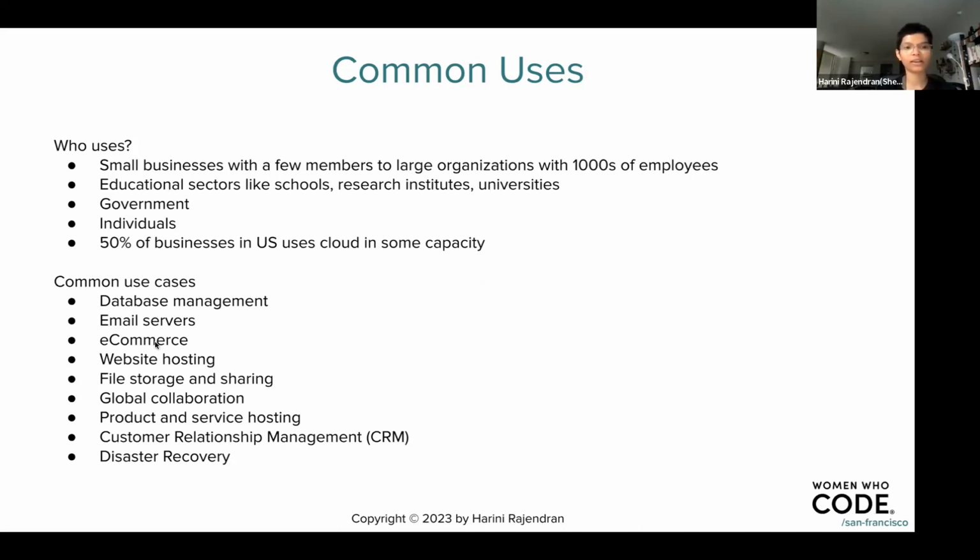E-commerce like Amazon, eBay and whatnot. Website hosting, GoDaddy, and all of those services. File storage and sharing could be Dropbox, Amazon S3, Google Docs, and whatnot. Right? Global collaboration, Slack, things like that.